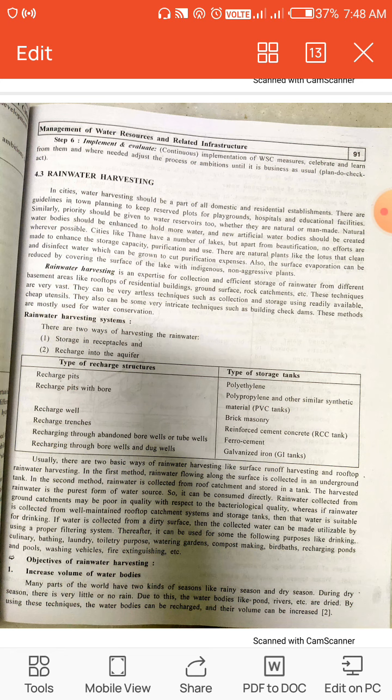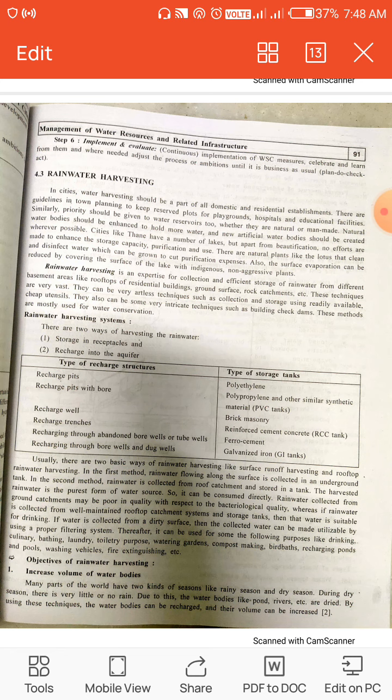So here the types of recharge structure and types of storage tank are given. So first, the types of recharge structure are recharge pits, recharge pits with bore and recharge well, recharge trenches, recharge through the abandoned bore wells or tube wells, and recharge through the bore wells and dug wells.